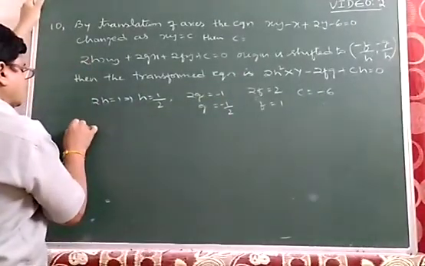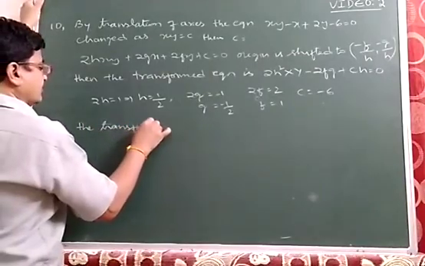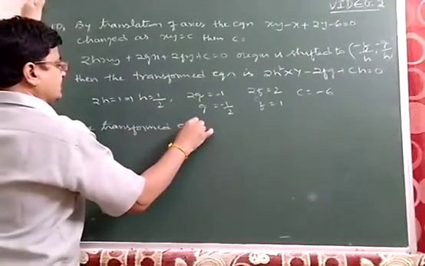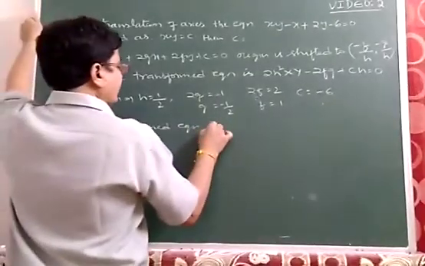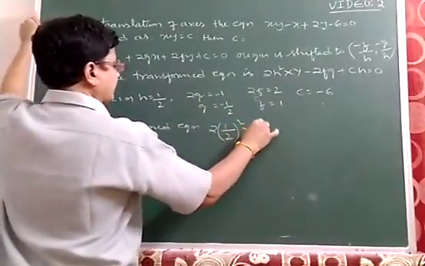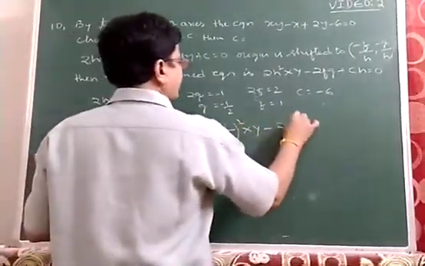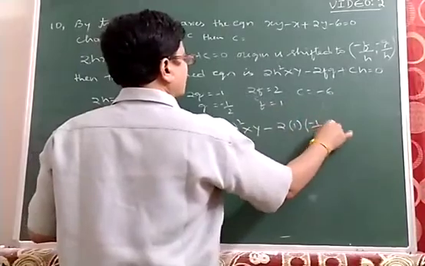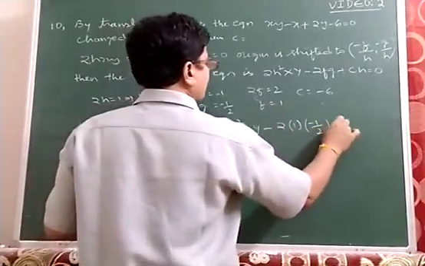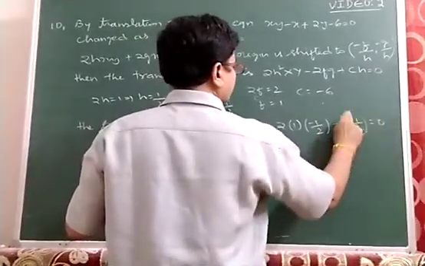The transformed equation is 2 into h square, that means 1 by 2 whole square, into xy minus 2 into f means 1, g means minus 1 by 2, plus c means minus 6 into 1 by 2 is equal to 0.